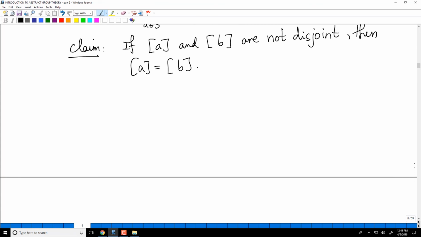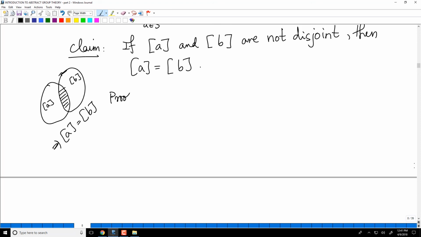So what I'm saying is that if you take the equivalence class of A and the equivalence class of B, if they have something in common, they must be equal. So they can't have some things in common but be distinct. What is the proof of this?